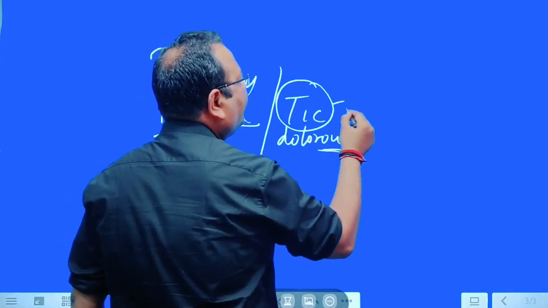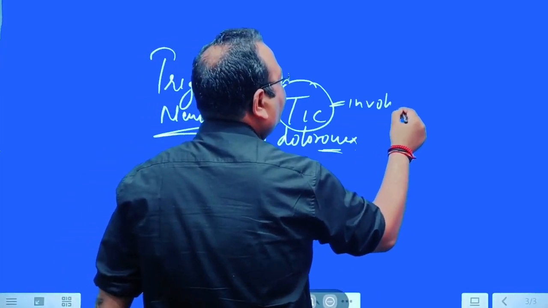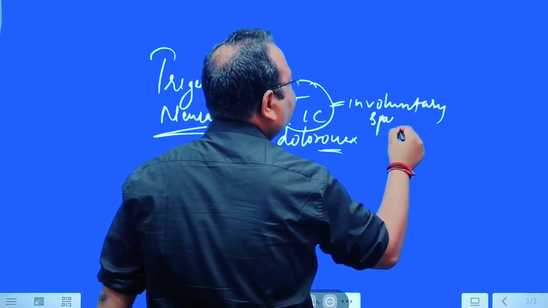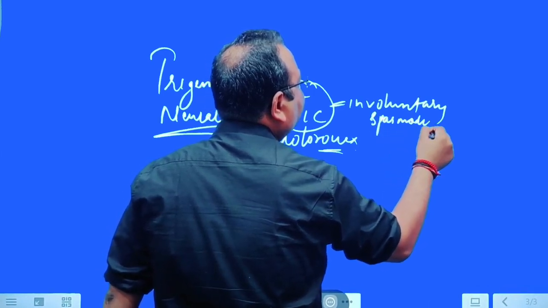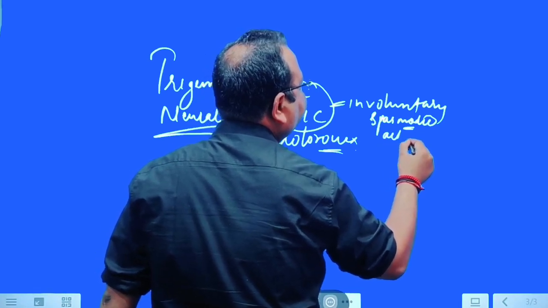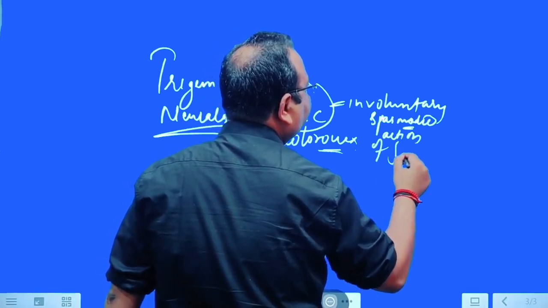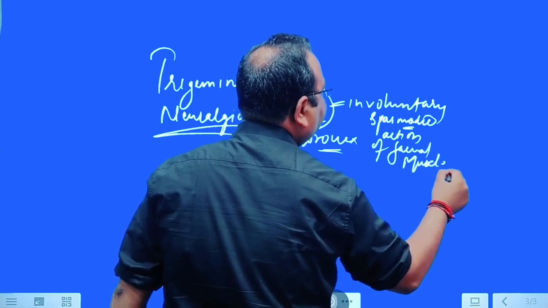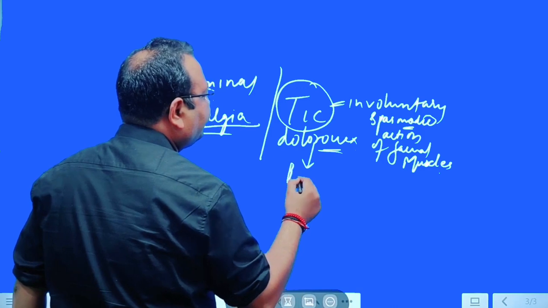Tic is an involuntary spasmodic action of facial muscle, and douloureux is pain.